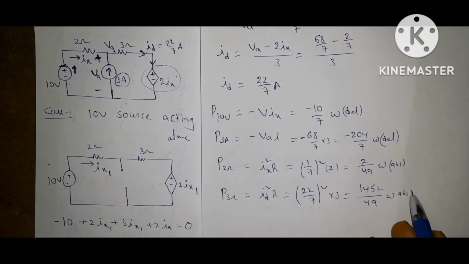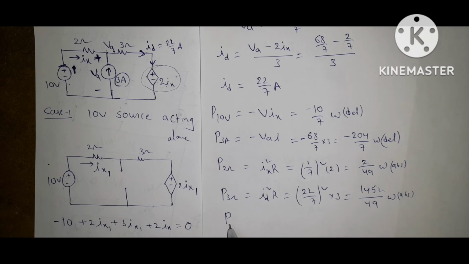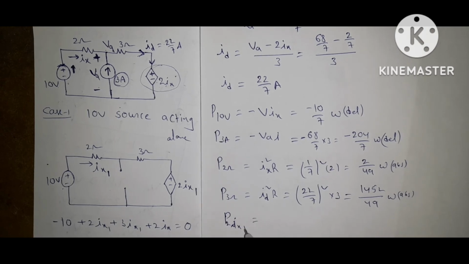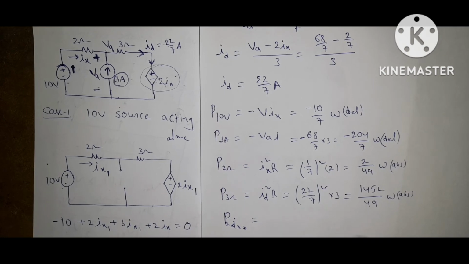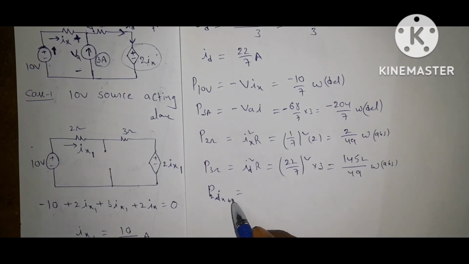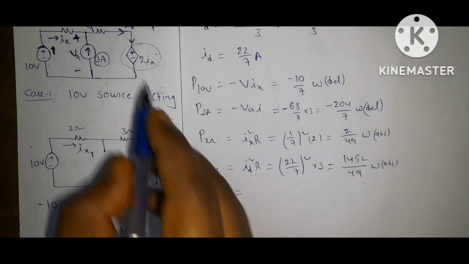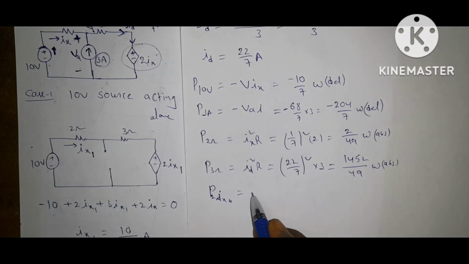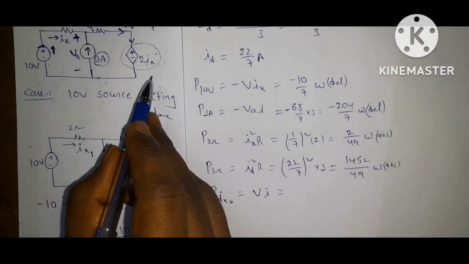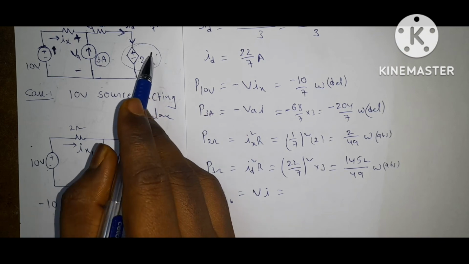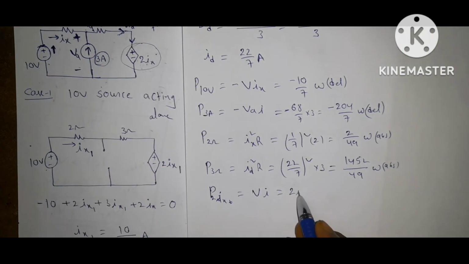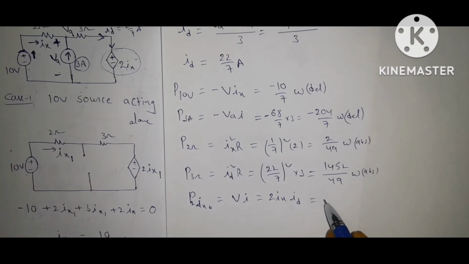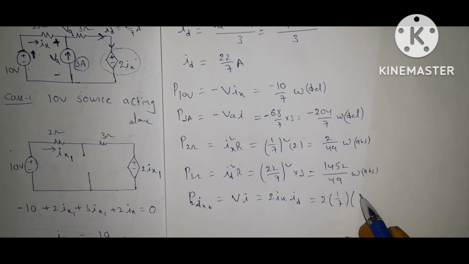Now P for the dependent source, that is 2Ix. What is the power absorbed by the dependent source, VI? The voltage value is 2Ix and the current is ID, that is 2 into Ix, which is 1 by 7, and the current is ID.